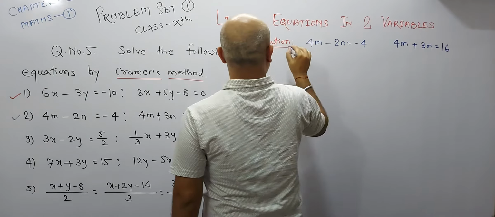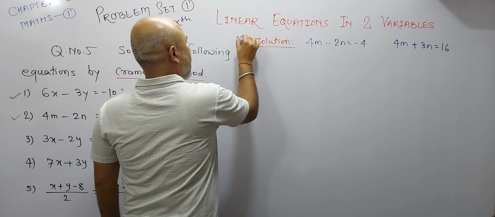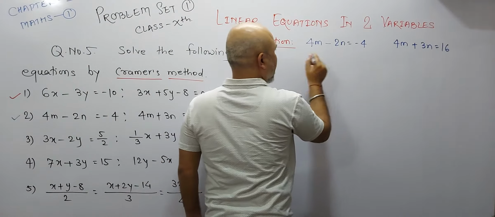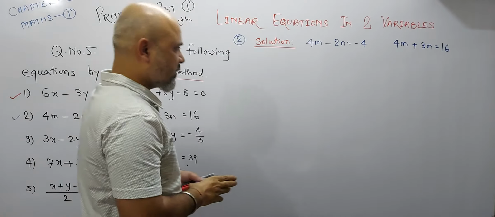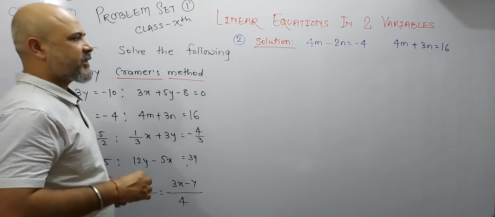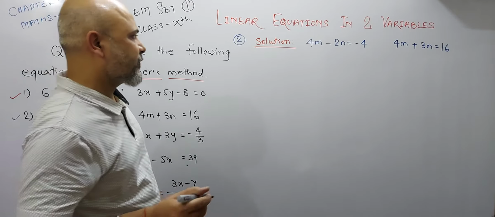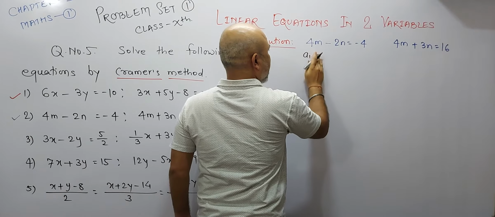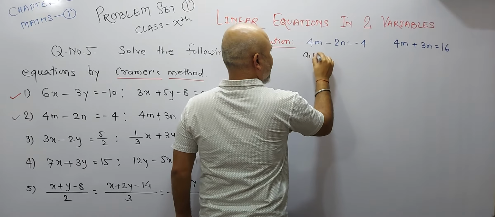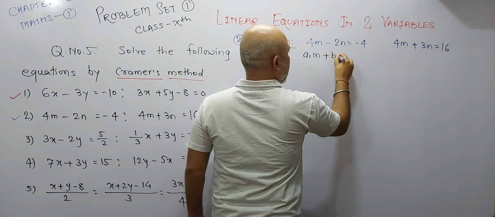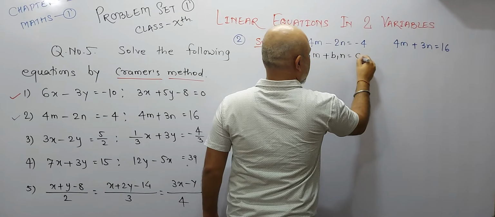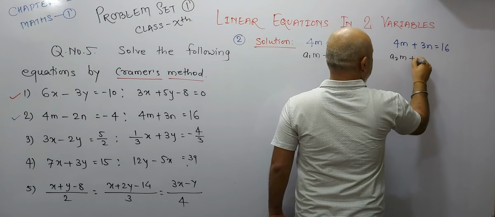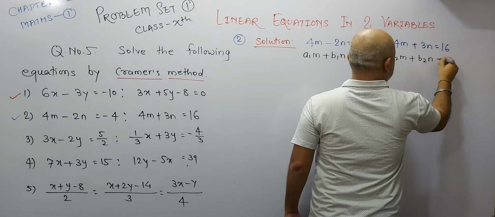So this is the second question, and we will compare this with the general form. And the general form is what? a1x plus b1y is equal to c1, but here, not x, we will take m: a1m plus b1n is equal to c1, and a2m plus b2n is equal to c2.